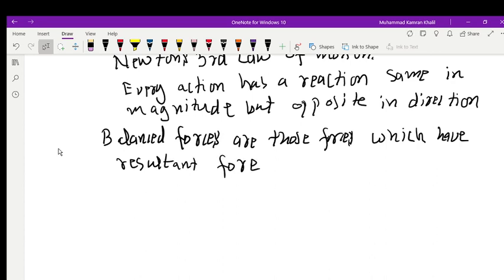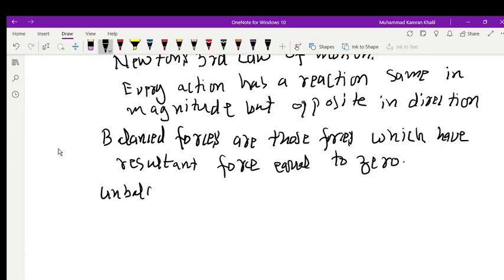In other words, if we talk about three forces, the effect of all those three forces will be represented by one force, that will be the resultant force. Balanced forces are those in which the resultant force is 0, and unbalanced forces are those in which the resultant force is not equal to 0.